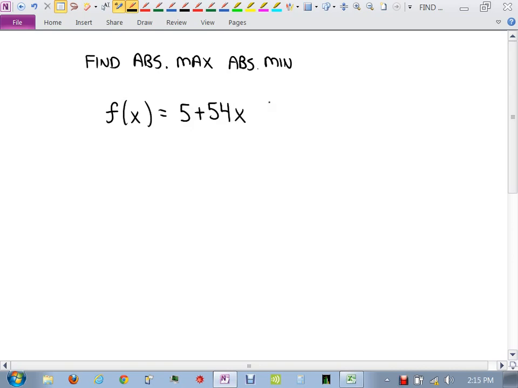I would like us to find the absolute max and absolute min of the function f of x equals 5 plus 54x minus 2x cubed on the interval 0, 4. Everyone have it written down?